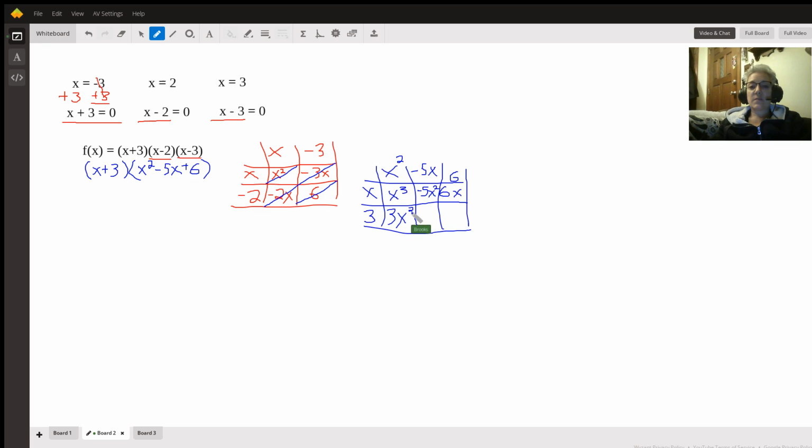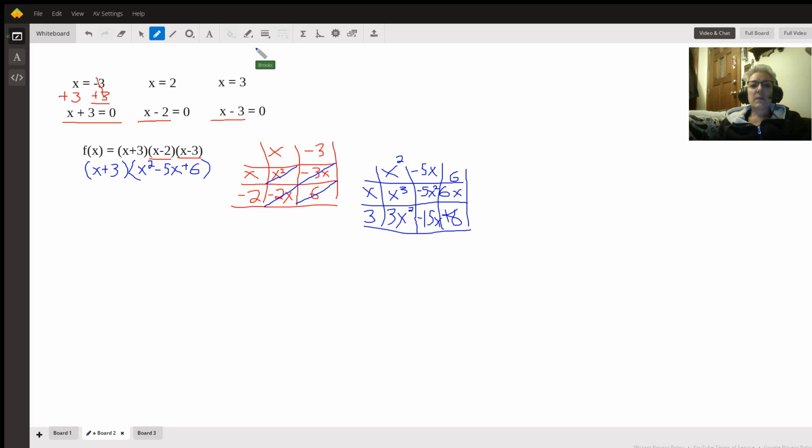Negative 5x times 3 is negative 15x. And then 6 times 3 is 18. Oops, that was messy.